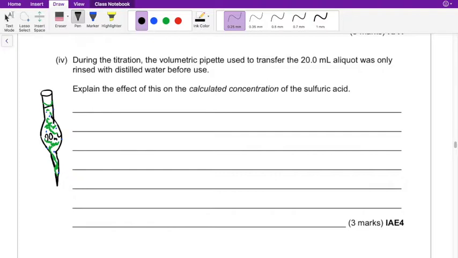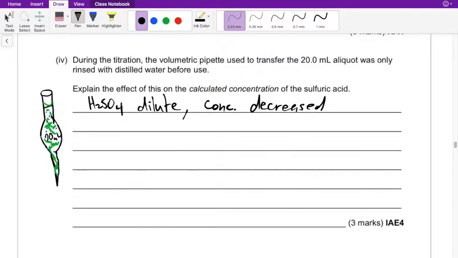Well, that means that the H2SO4, if there's some water present in here, is going to be diluted by the water that was in there as residue. So the H2SO4 is going to be slightly dilute. This means that the concentration of H2SO4 being tested will actually be decreased.